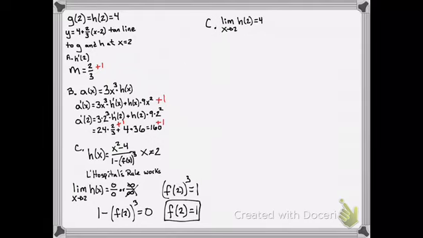So knowing that, I can continue on with L'Hopital and with this limit. I know when I plug in 2, I get 0 divided by 0, but this limit needs to equal 4. So if I actually apply L'Hopital to the function, I would be looking at the limit as x approaches 2 of the derivative of the numerator over the derivative of the denominator.